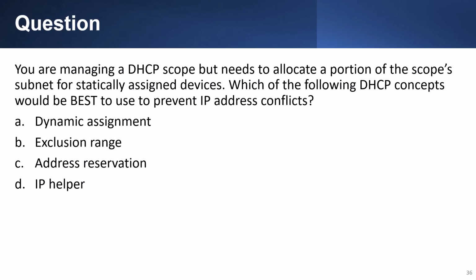Question: You're managing a DHCP scope but need to allocate a portion of the scope subnet for statically assigned devices. Which of the following DHCP concepts would be best to use to prevent IP conflicts? Answer: exclusion range.